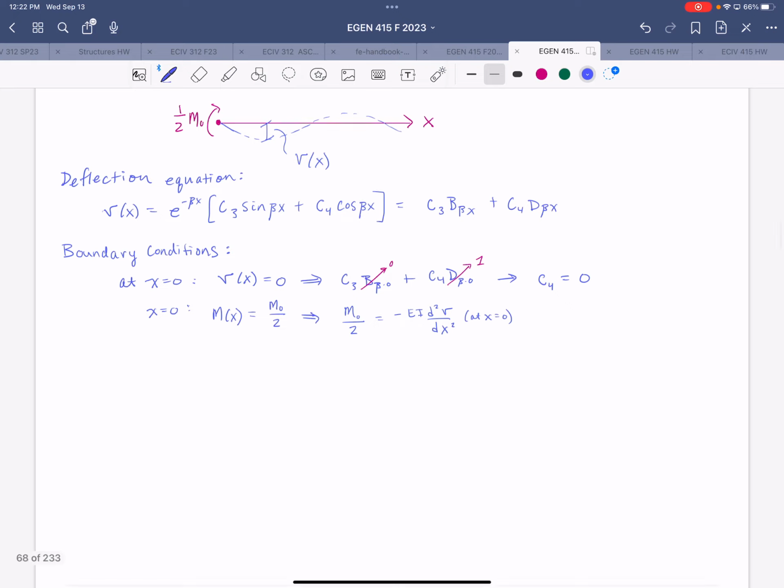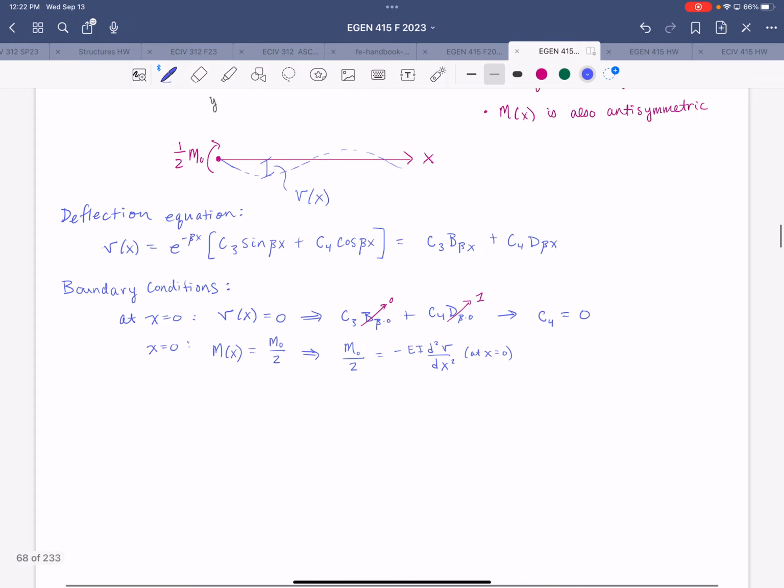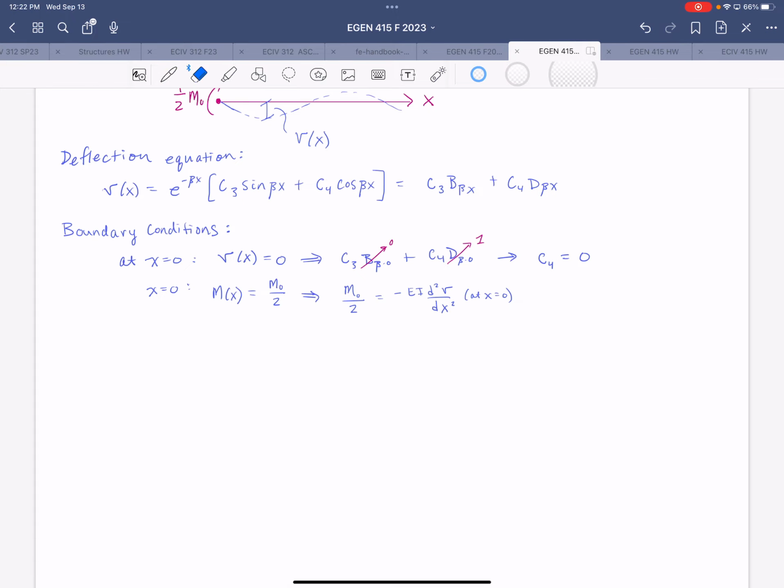So we've got M naught over 2 is equal to negative EI times, in brackets, negative 2 beta squared times capital D beta x.